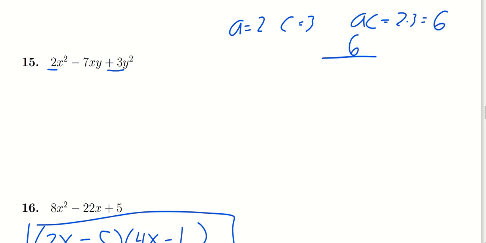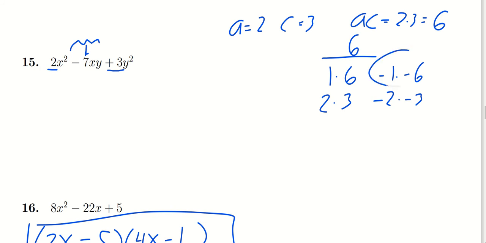We're going to write out all of the factors of 6. That would be 1 times 6, 2 times 3. But we could also use negative 1 times negative 6, or negative 2 times negative 3. We need to choose the pair that sums up to give us the middle coefficient, which is negative 7.